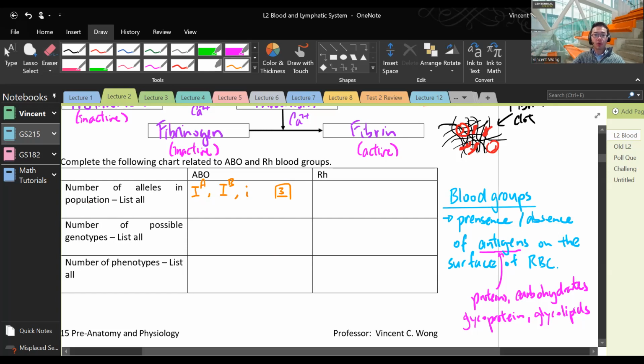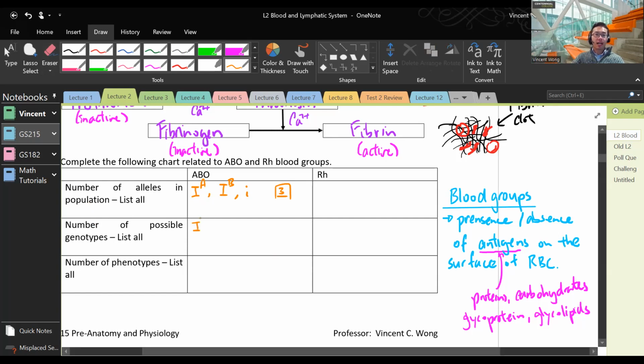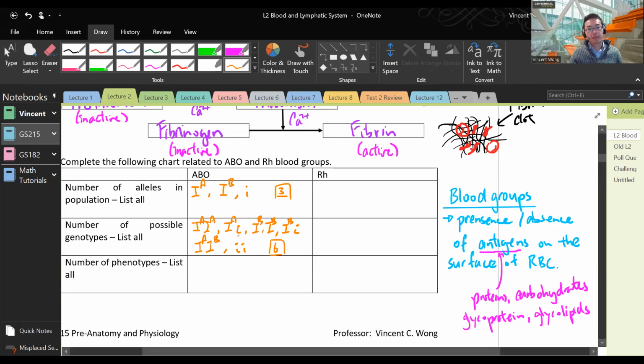Remember, we are diploid organisms. So even though there are 3 alleles in the population, you can only have a maximum of 2 alleles in your genome. So I can have IA IA, IA i, IB IB, or IB i. I can also have IA IB or little i i. So a total of 6 possible genotypes. Genotypes are the genetic makeup of an individual.